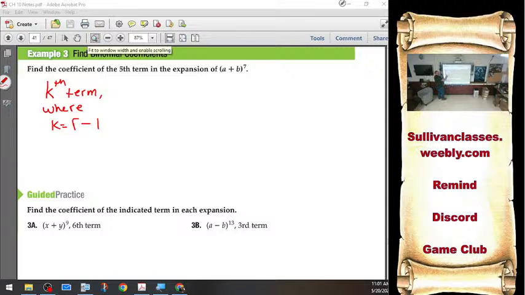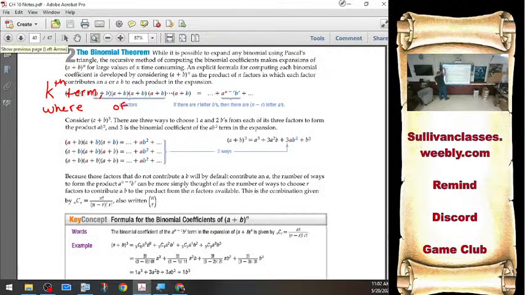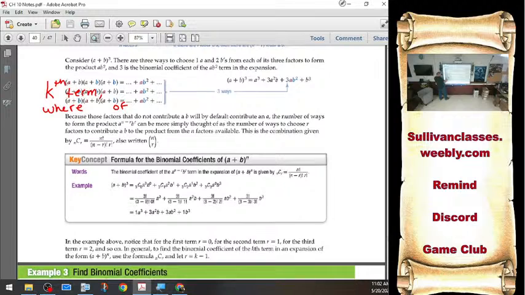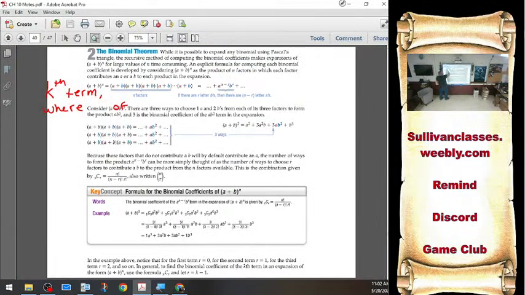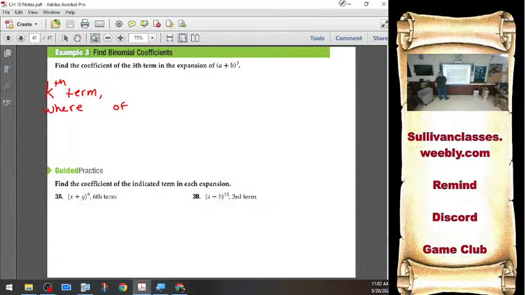If I'm trying to find the kth term, oh, did I do it backwards? I wrote it backwards. Did I? Yeah, I did. Okay. Yep. Keep going.